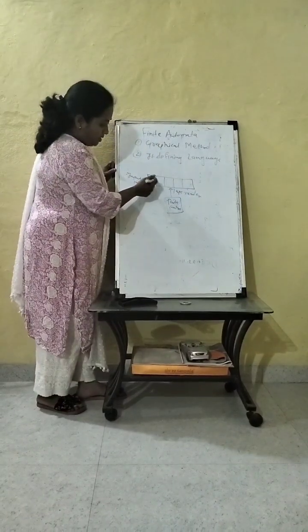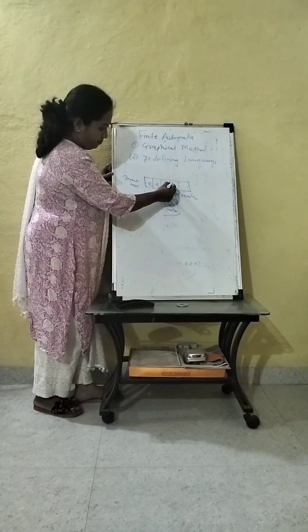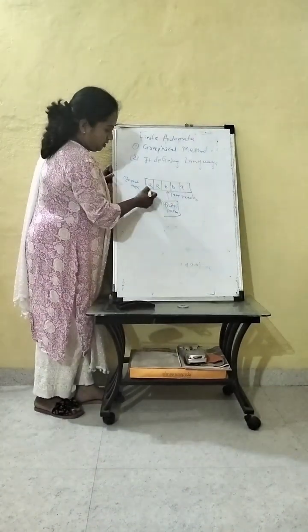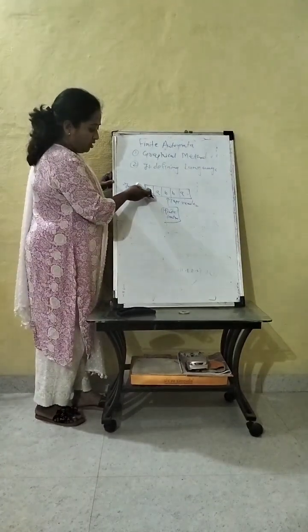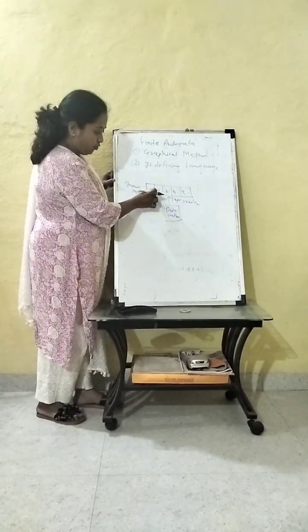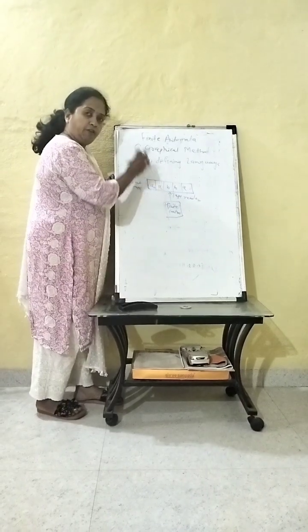As symbols come one by one, A, B, B, A, like this, the finite control reads one input symbol from one cell. One cell at a time stores only one alphabet.